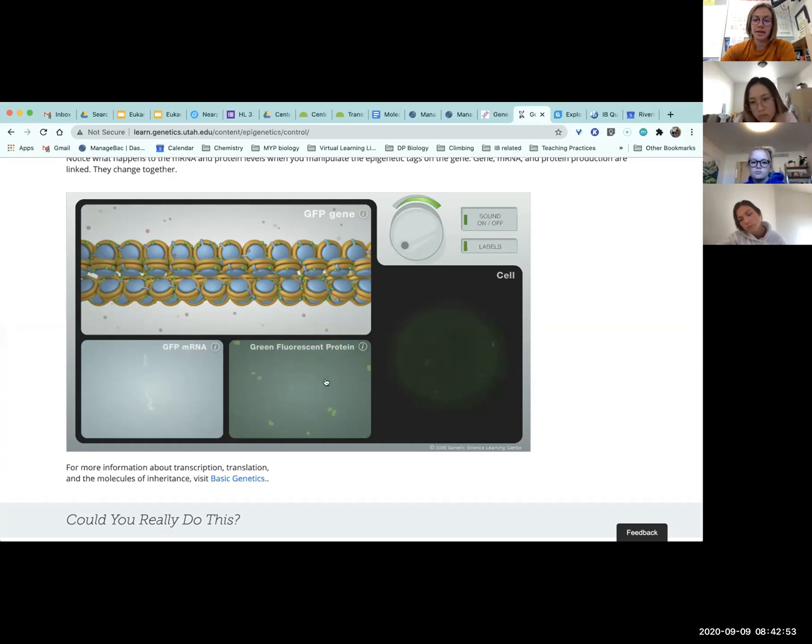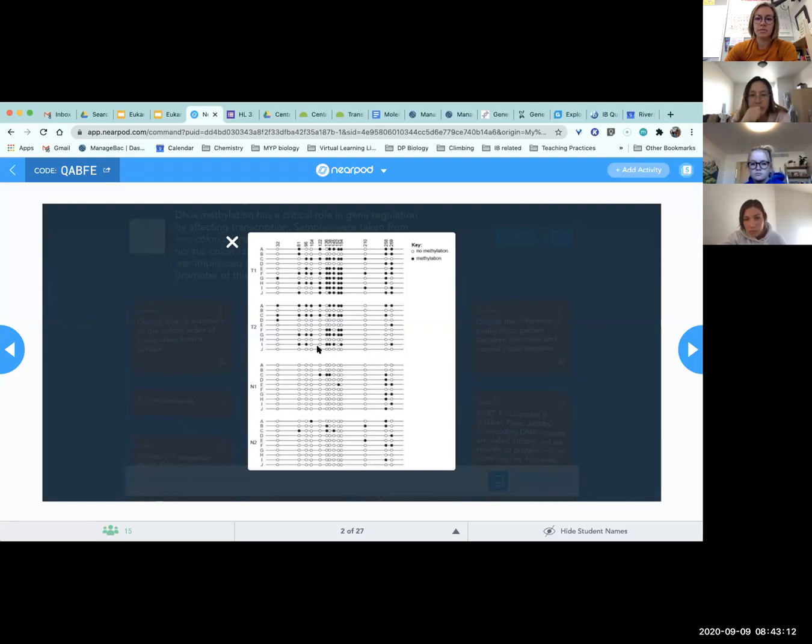And if this, instead of being green fluorescent protein, were actually a cell division repressor, like saying stop cell division, then this one isn't going to be able to tell that cell to stop dividing, right? So in our example, these cells, T1 and T2, these genes are highly methylated, so they're really tightly compact.